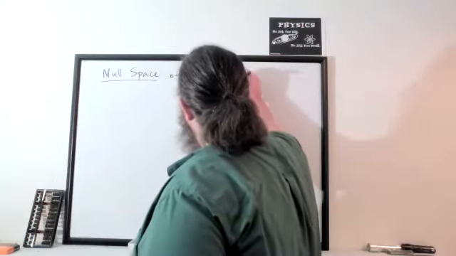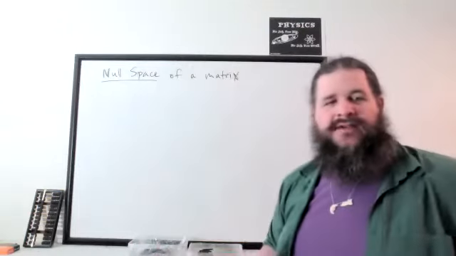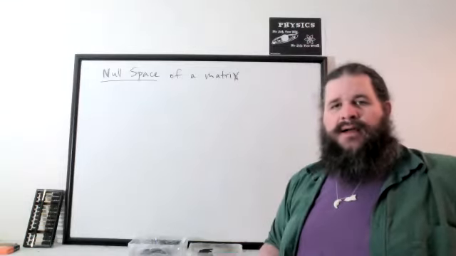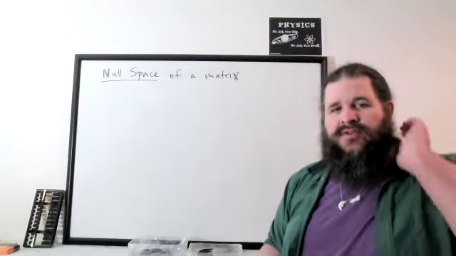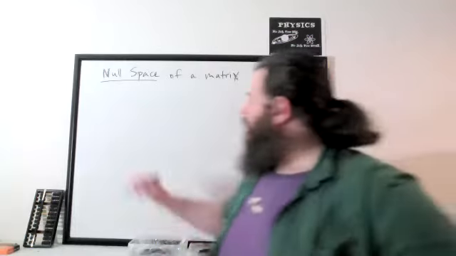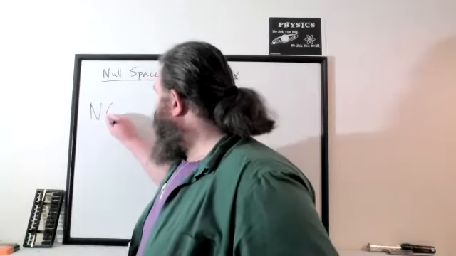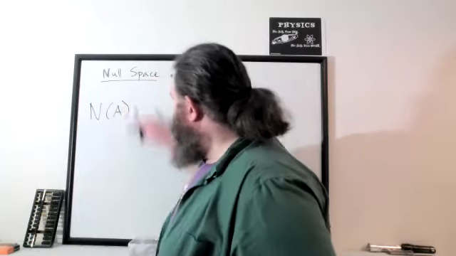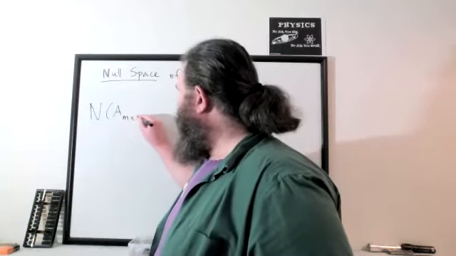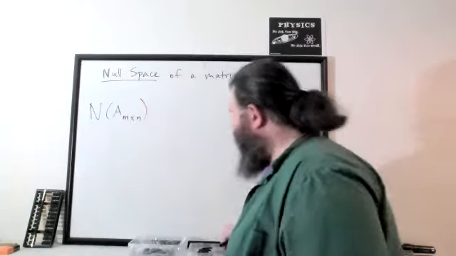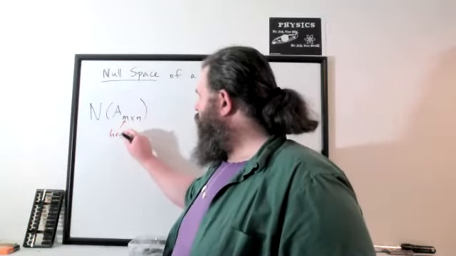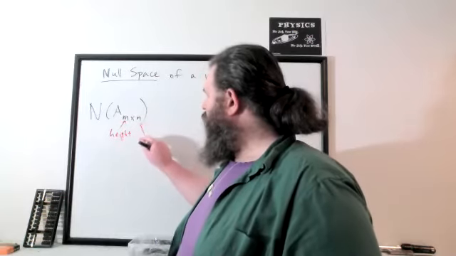The null space is specifically a collection of vectors. A space just means a set of vectors that follow certain rules. The null space of a matrix in particular is a set of vectors that have a certain property. Let's say this matrix is M by N, so M is the height and N is the width.